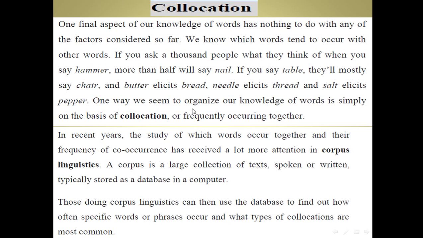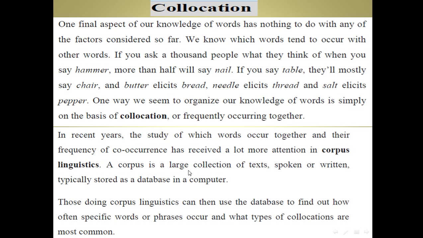One way we seem to organize our knowledge of words is simply on the basis of collocation, or frequently occurring together. In recent years, the study of which words occur together and their frequency of co-occurrence has received a lot more attention in corpus linguistics.